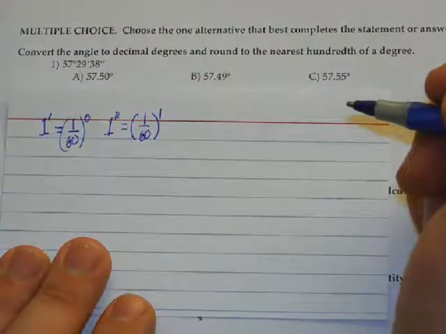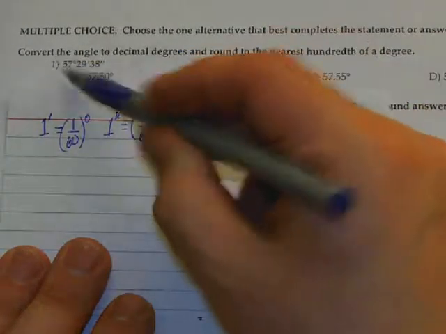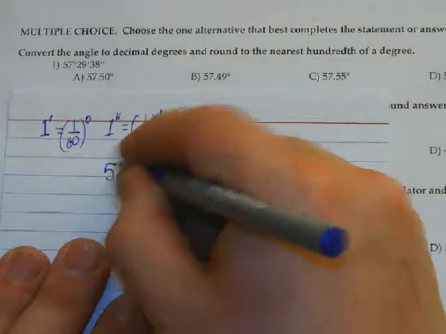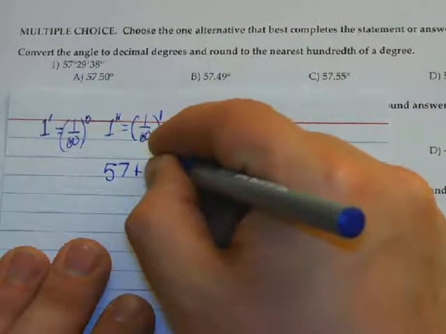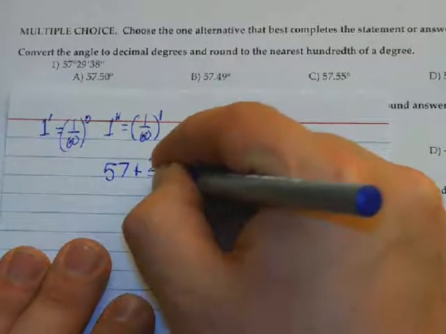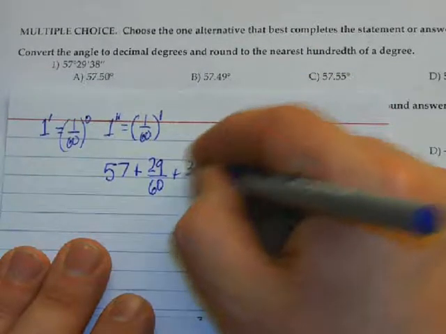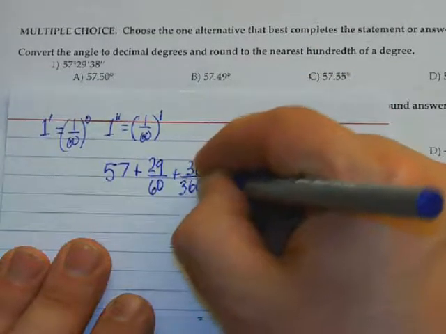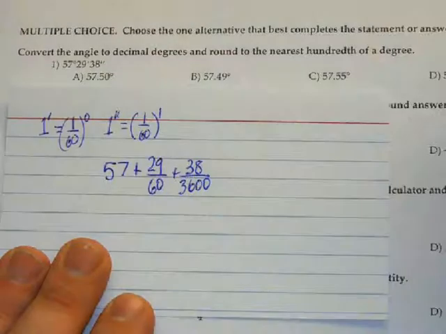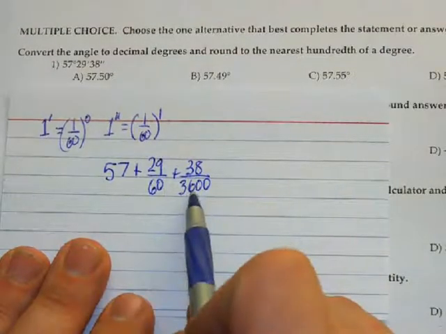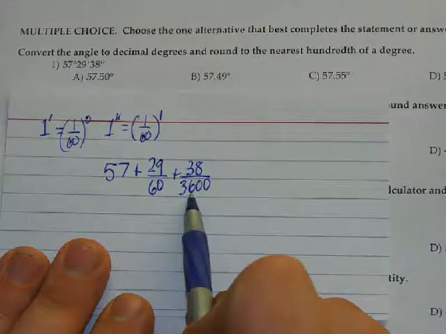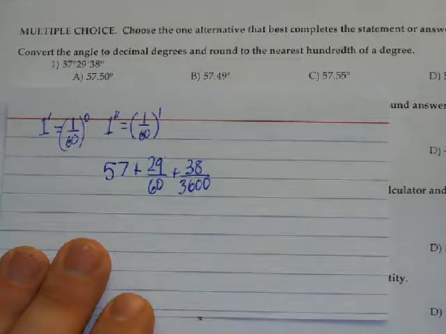So using that, we can rewrite this angle measure as 57 plus 29 over 60 plus 38 over 3,600. A 60th of a 60th is 1/3,600th.